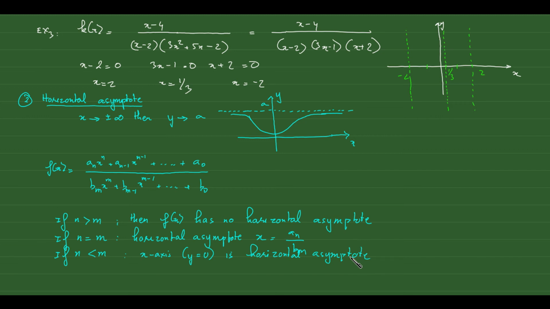Okay. For example, let's say, what if I have something like this? I have f of x equals x squared plus 1 over x to the 4th plus 1.